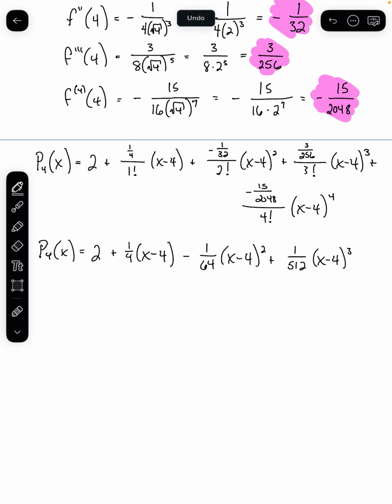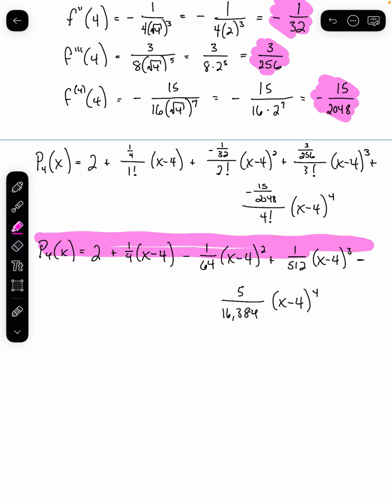So all told, when we simplify it, it's going to end up giving us negative 5 over 16,384 times x minus 4 to the 4th. And that is our degree 4 Taylor polynomial for the square root of x centered at x equals 4.